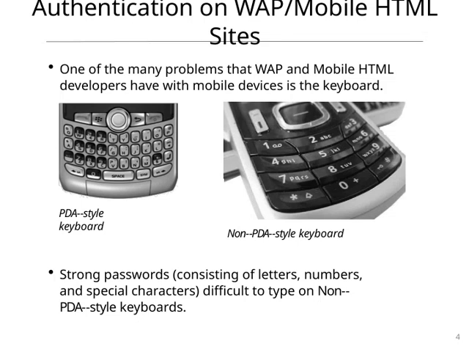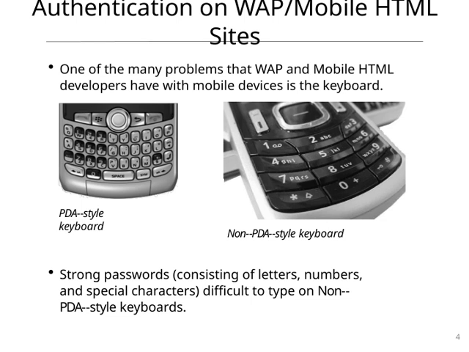Let's talk about authentication on WAP and mobile HTML sites. One of the biggest challenges developers face with these platforms is the keyboard. As you can see here, there are two main types: PDA-style keyboards and non-PDA-style keyboards. With PDA-style keyboards, typing complex passwords that include letters, numbers, and special characters is much easier. But when it comes to non-PDA-style keyboards, which are more like traditional phone keypads, it becomes quite difficult.